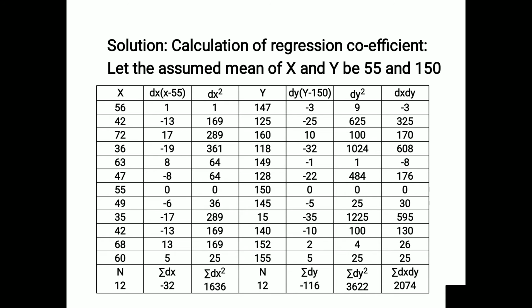So 1 into minus 3 is minus 3, and minus 13 into minus 25 is 325. In this way, all the dx values are multiplied with the corresponding dy values of the same row and dx dy is obtained.